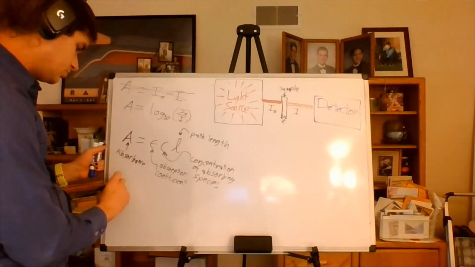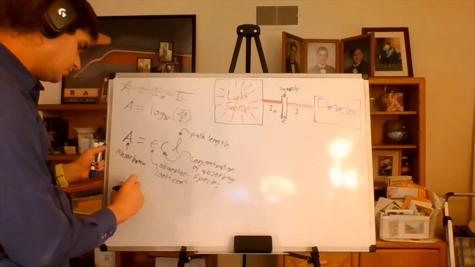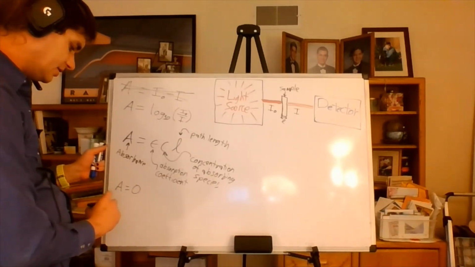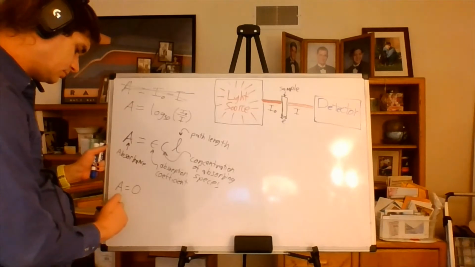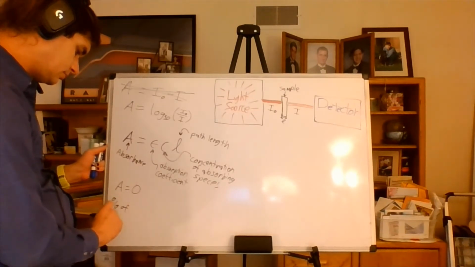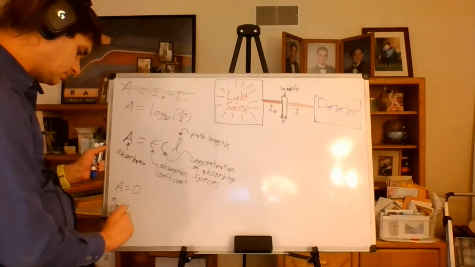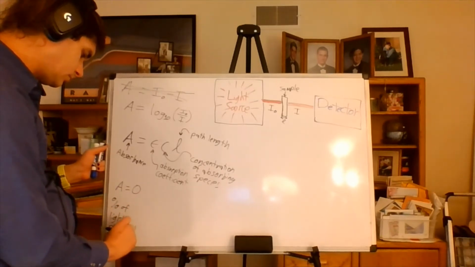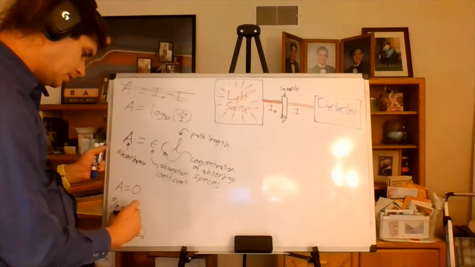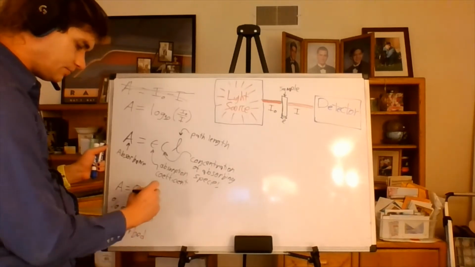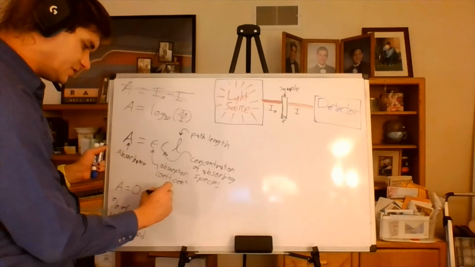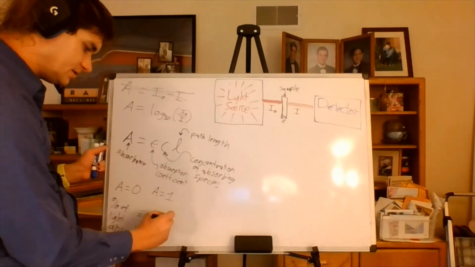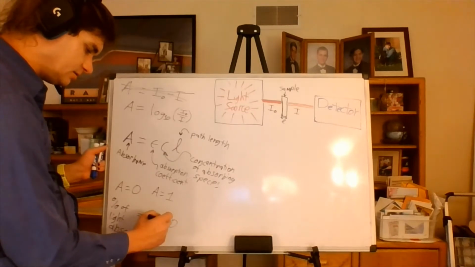But the thing is, what is that actual difference? Well, if the absorbance is equal to 0, then the percent of light that is absorbed is also equal to 0. But if the absorbance is equal to 1, then the percent of light absorbed is 90.